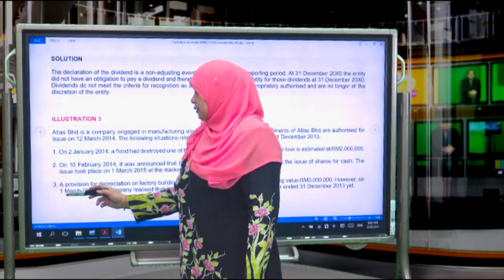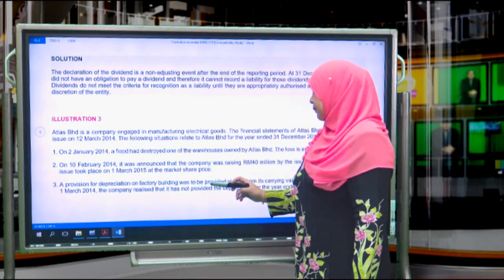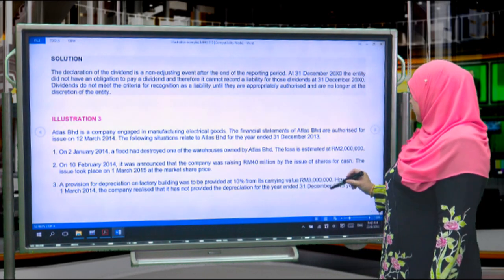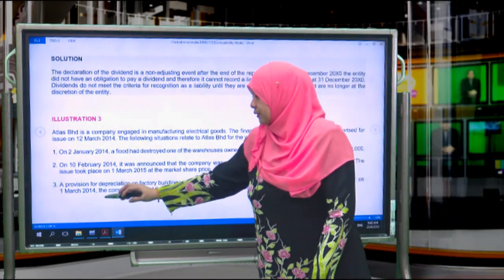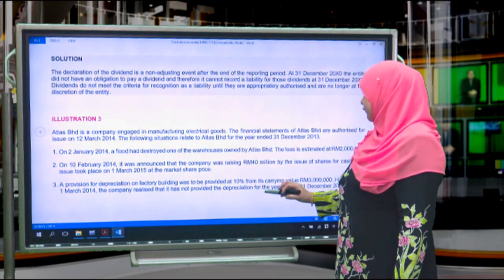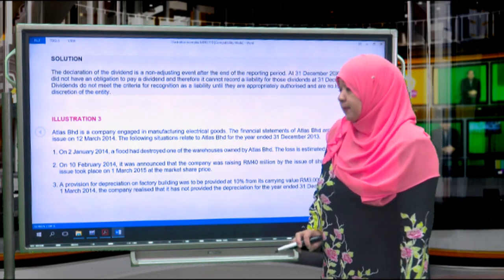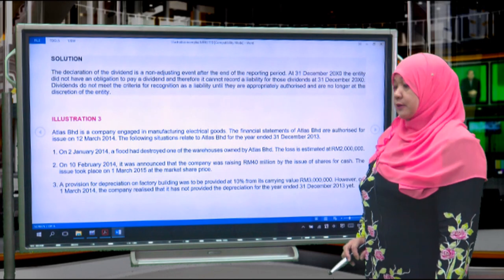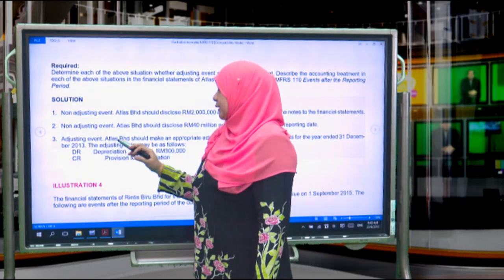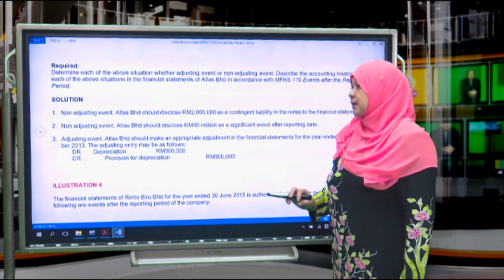Number 3, a provision for depreciation on factory building was to be provided at 10% of its carrying value, 3 million. However, on 1st March 2014, the company realized that it had not provided the depreciation for the year ended 31st December 2013. So, now this is a case of errors. So, if you can recall, this is an adjusting event. Now, what Atlas needs to do is make the appropriate adjustment to the financial statements, right?